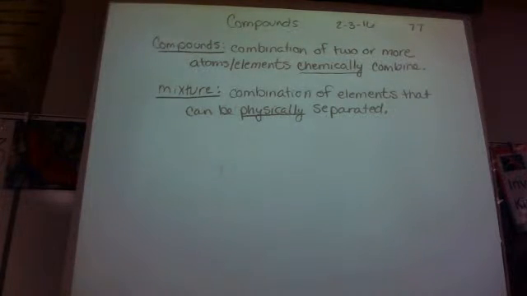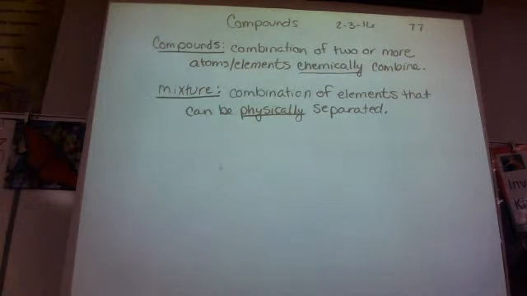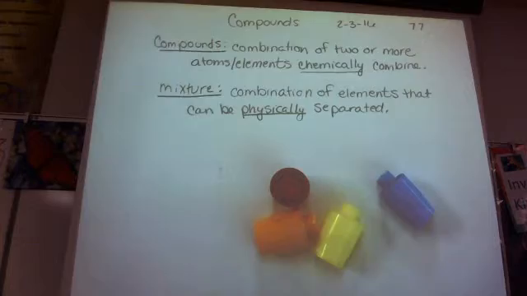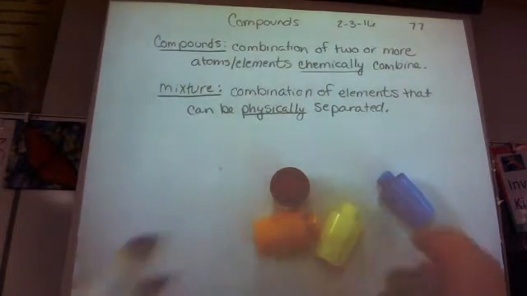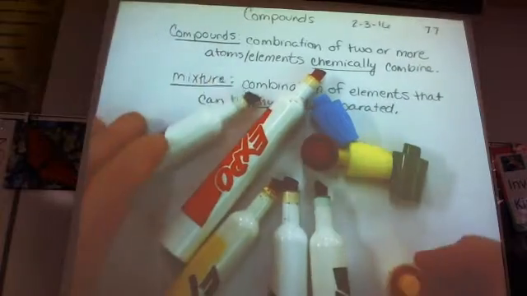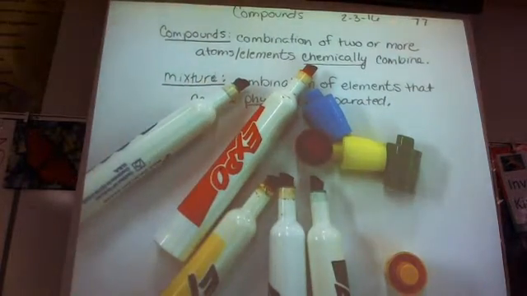Okay. So what I'm going to do is I'm going to go ahead and put some things on the table, a bunch of atoms. Okay, so I have all these atoms. They're different kinds. And they're just here on this table.